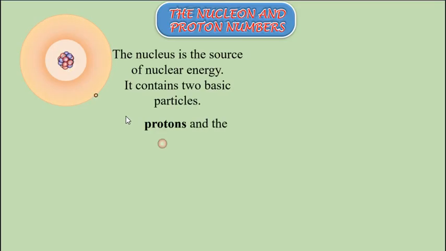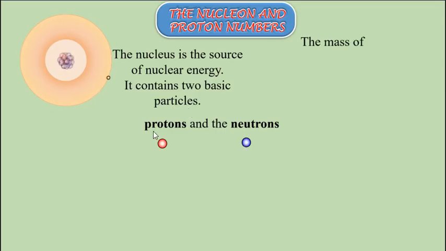The proton, the one that is almost red in color, and the neutron, the one that is almost blue in color. These are the 2 major particles. I said major particles because right now there are hundreds of particles you can find in the nucleus, but we are looking at the 2 basic particles, the protons and the neutrons.